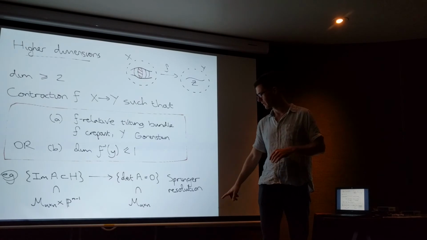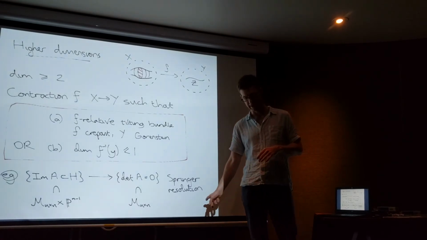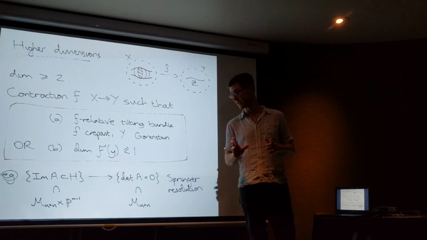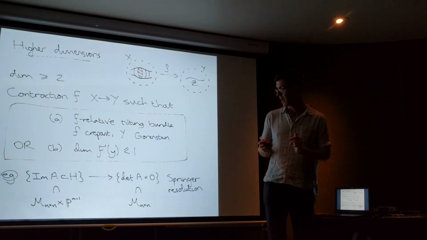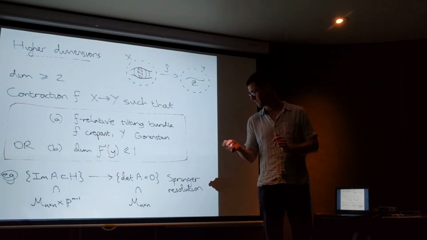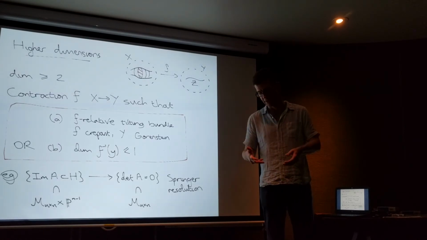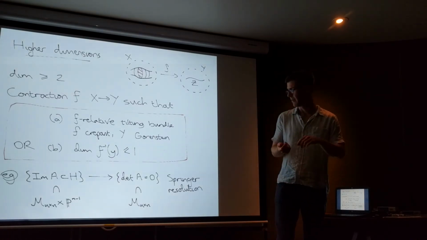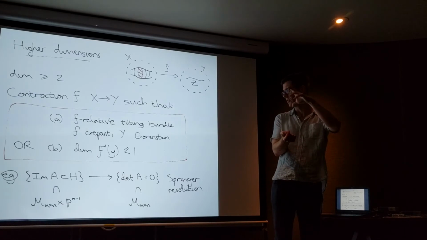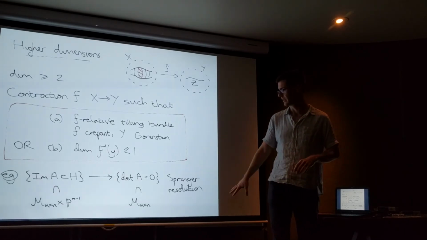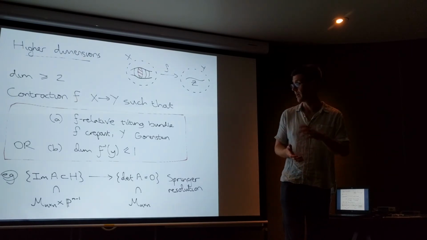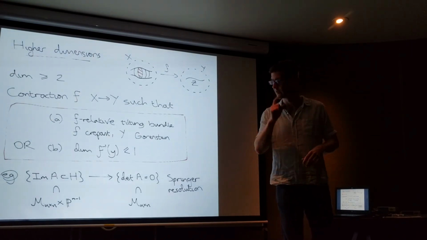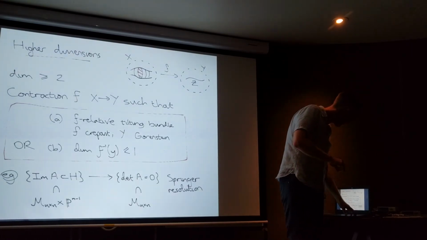So for a generic singular matrix, the rank is n minus 1, so there's only one hyperplane containing the image. But the more singular matrices have fibers P2, P3, and so on. And the zero matrix has a fiber Pn minus 1 over it. So we'll be able to say something in this case.